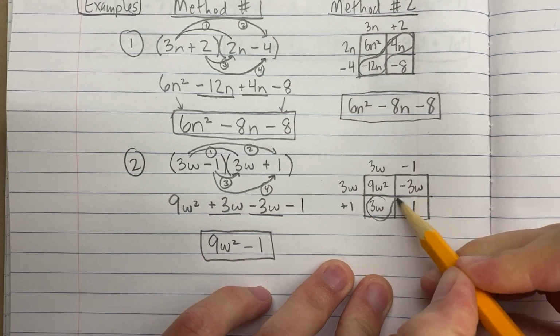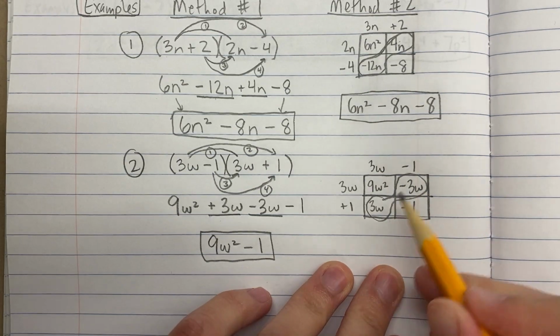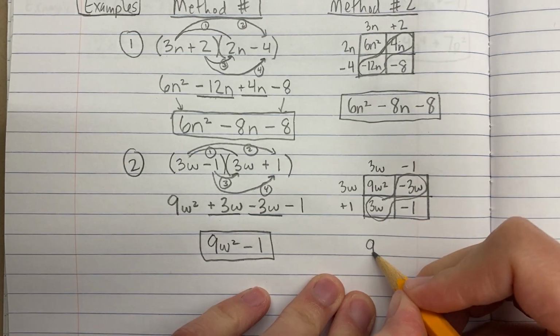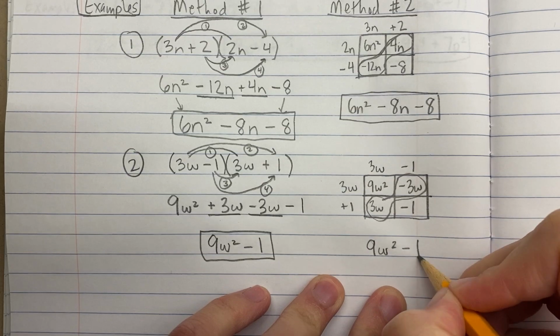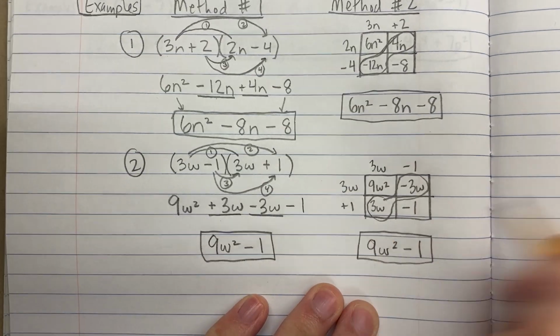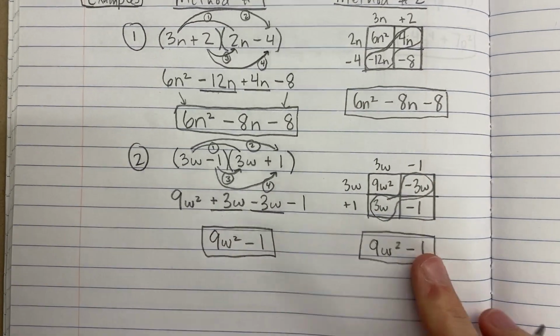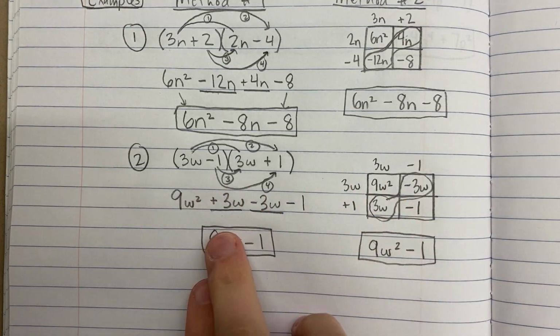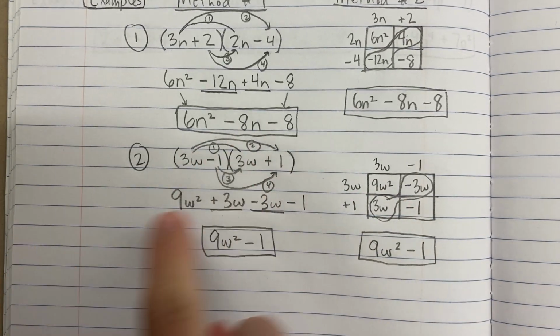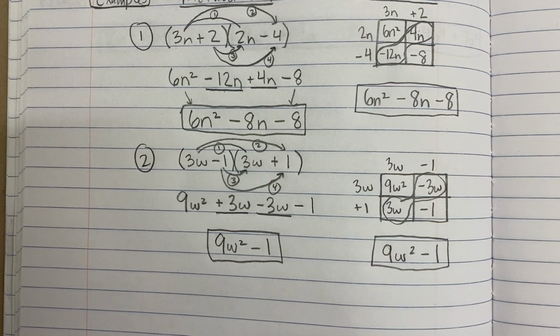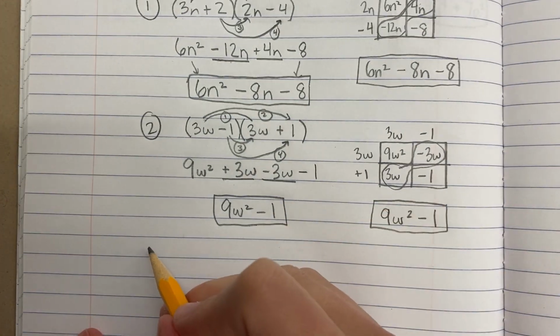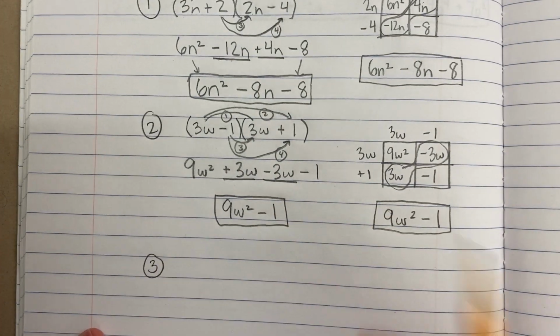And you can see, once again, when I combine in my peanut, my like terms, I end up with 0 here. And I get this. Okay? Again, this is the same. You get to choose like which visual you like better, if you like to just kind of do it all in line, or if you like to draw yourself the box. Okay? Let's do one more example, and then I think you'll be ready to get at it in IXL.